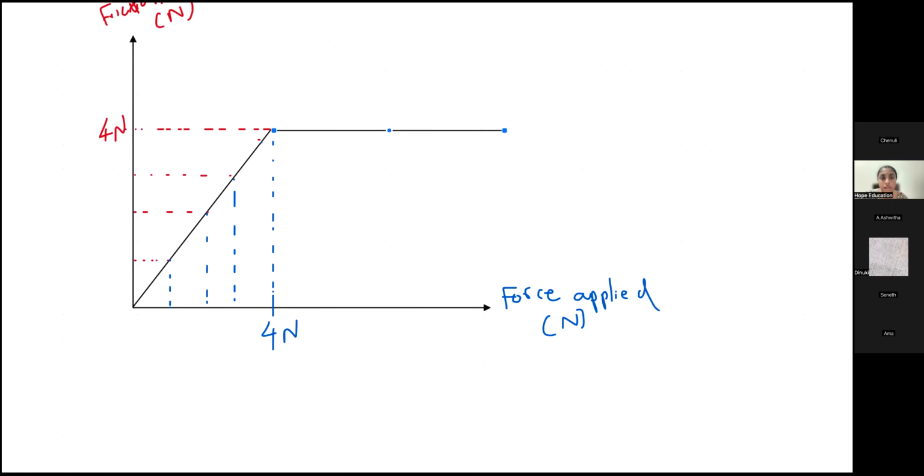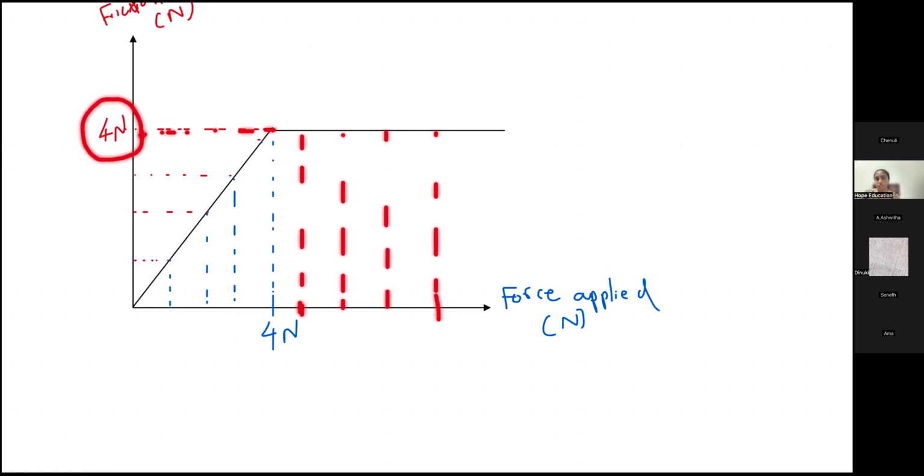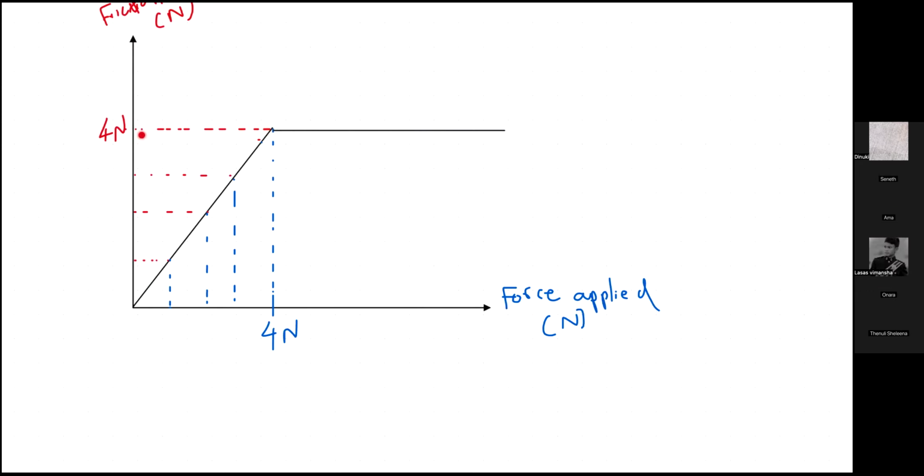Why is it the third one? බලන්න මෙහෙම කෙලින් ඉරක් තියෙද්දි මේ මං apply කරන force එකෙන් එන්න වැඩි වෙනවා. The force that I apply increases, right? Like this. But all the time the friction is the same. Is this clear to all of you? Yes, teacher. Okay.